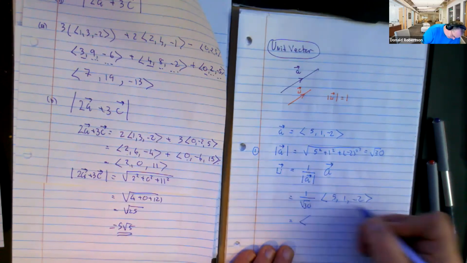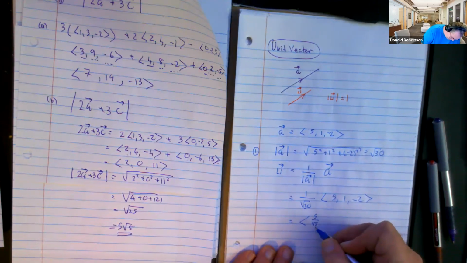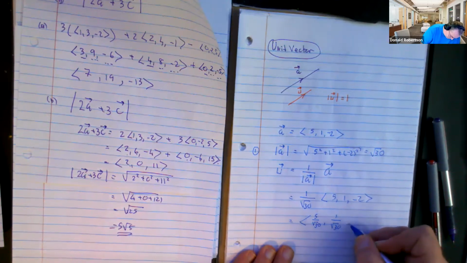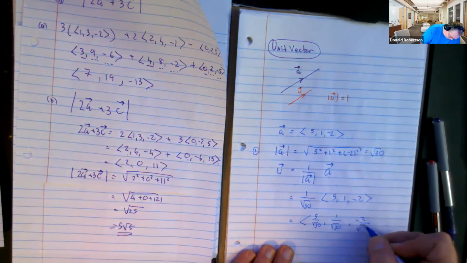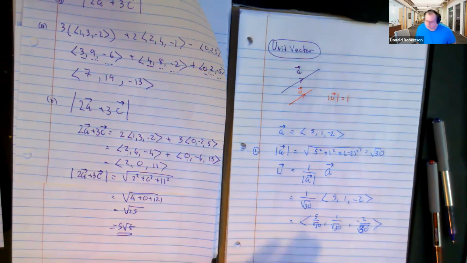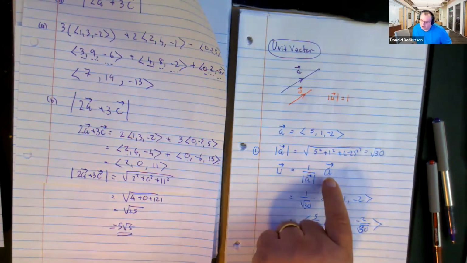And we don't like vectors written like this. For style points, they should all be inside. That vector is parallel to A. How is it parallel?